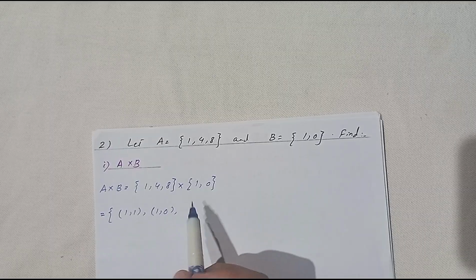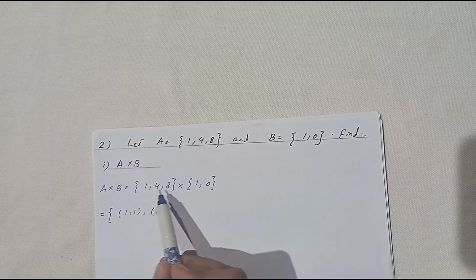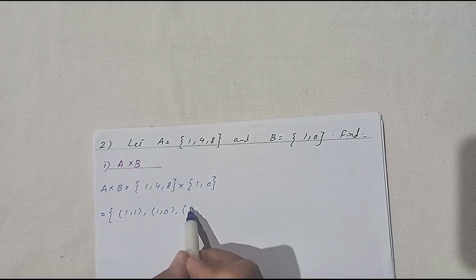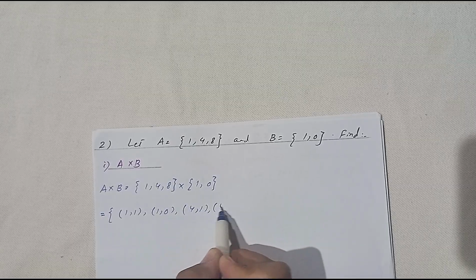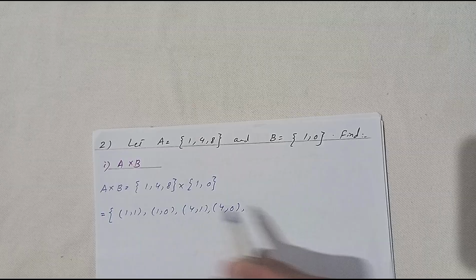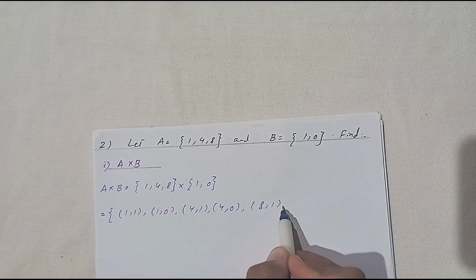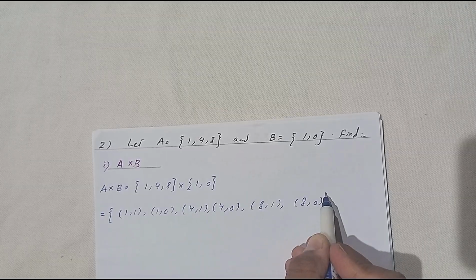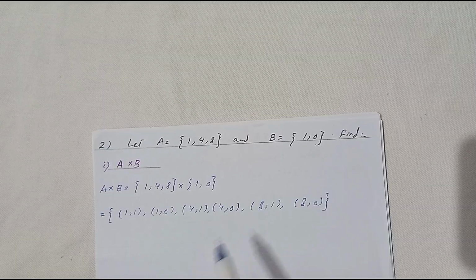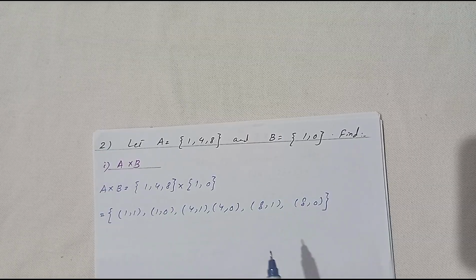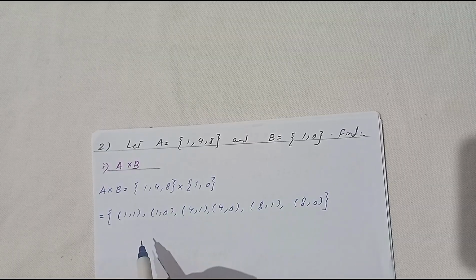Then the pairing of the second element of A with all elements of B: 4 comma 1, 4 comma 0, and then 8 comma 1 and 8 comma 0. So the total number of ordered pairs in A cross B is 6.